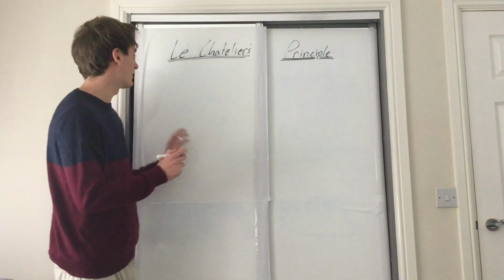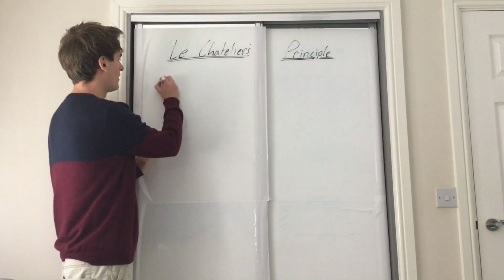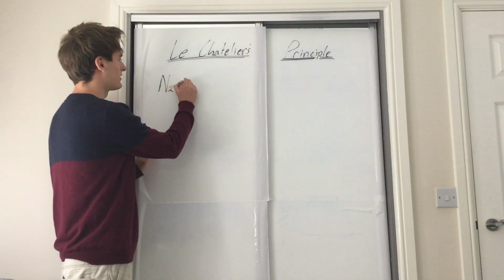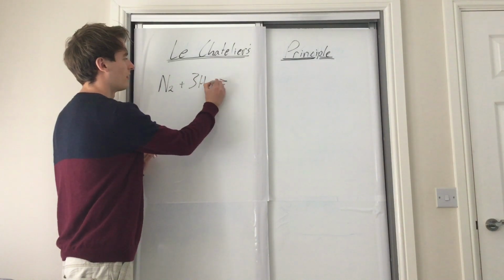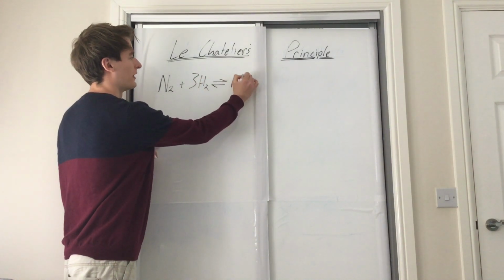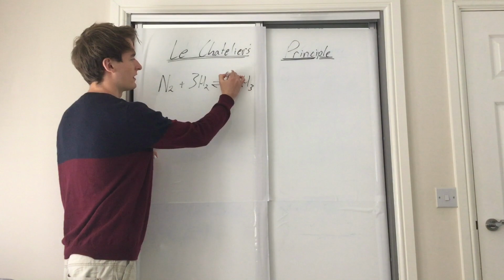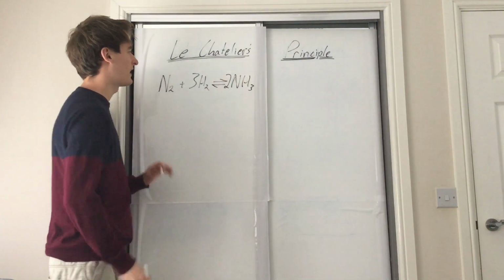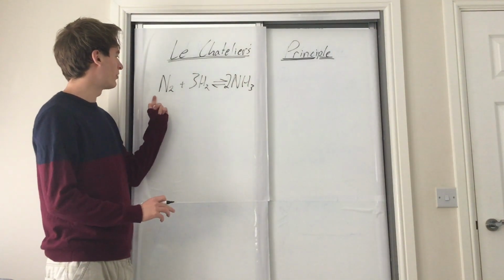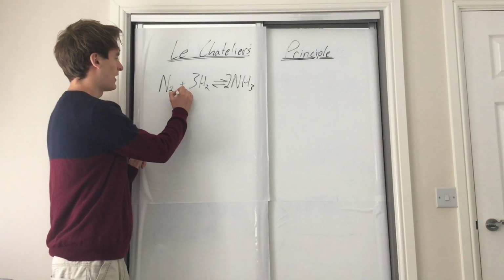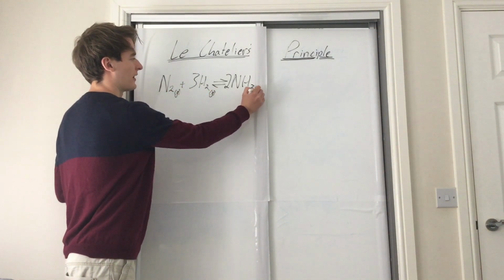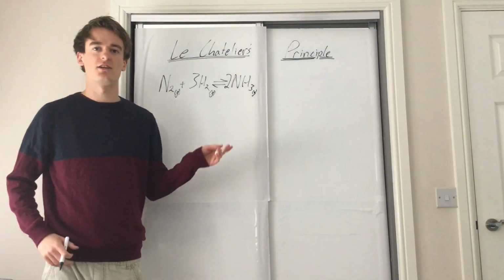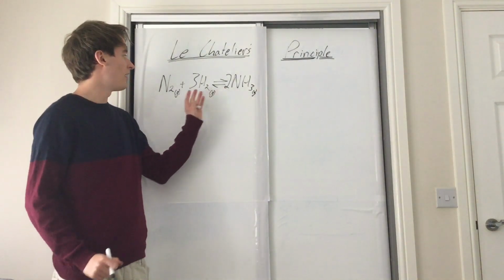So let me have a look. In this example, I'm going to use the Haber process, which is probably one of the most commonly studied equilibriums. So this is for making ammonia, and we've got nitrogen here in the gas phase, hydrogen in the gas phase, and we're making ammonia actually in these conditions in the gas phase.